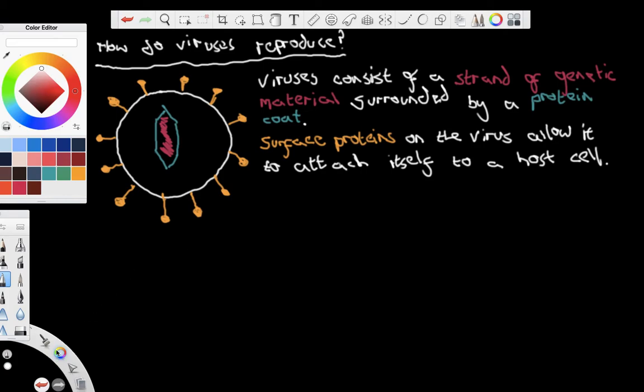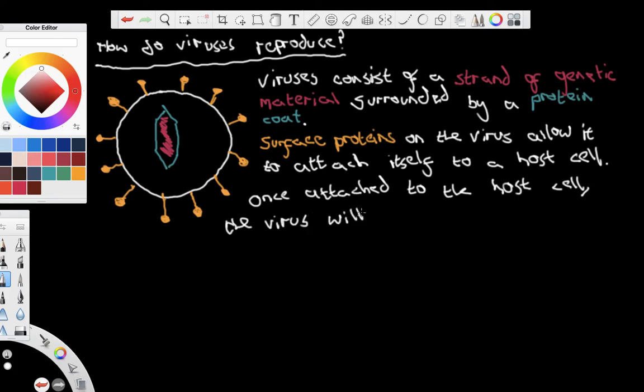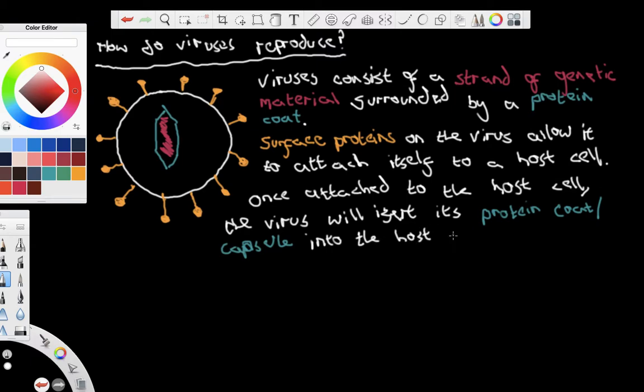So we can say that once attached to the host cell, the virus will insert its protein coat, or capsule as it's also known, into the cell, or into the host cell.